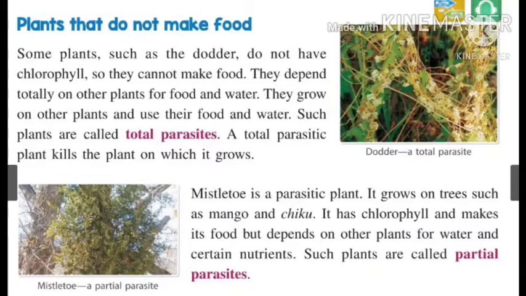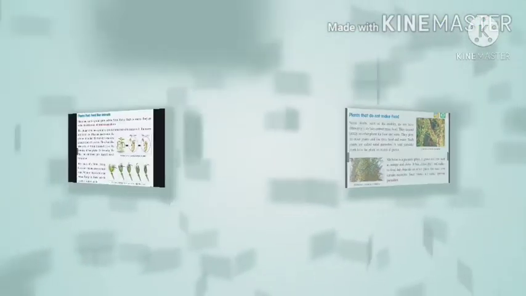So what is the difference between total parasites and partial parasites? Total parasites are those plants that depend on other plants for food and water. And partial parasites are those plants that depend on other plants for only water and nutrients. They can make their own food.